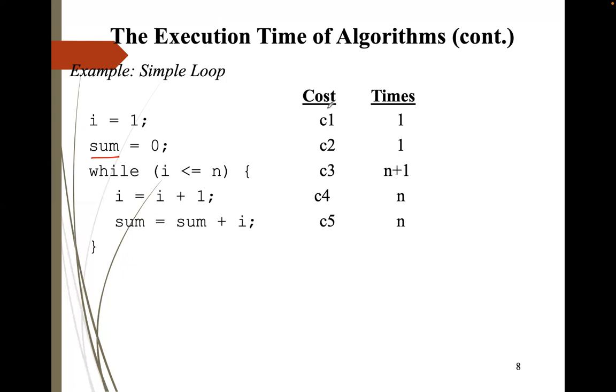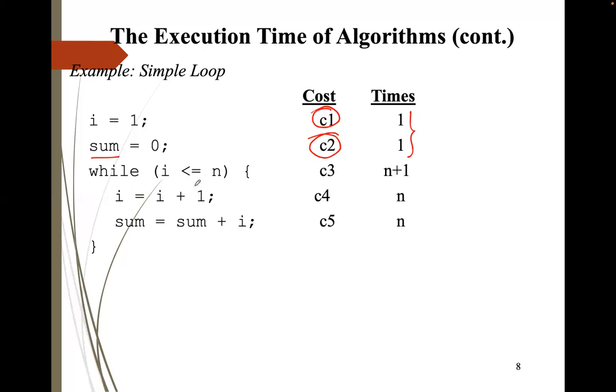You can see that it has a specific cost C1, it has a specific cost C2, and both of these instructions will be executed one time. But then we are running a loop. A loop means that the statements inside the loop body will be executed multiple times. How many times depends on the while condition.